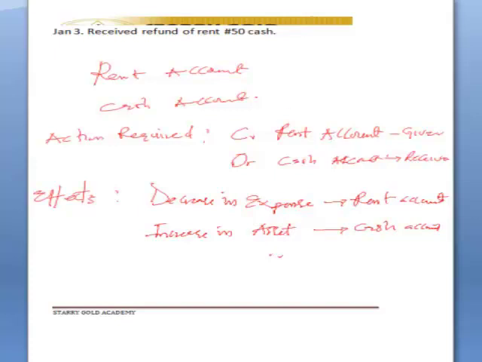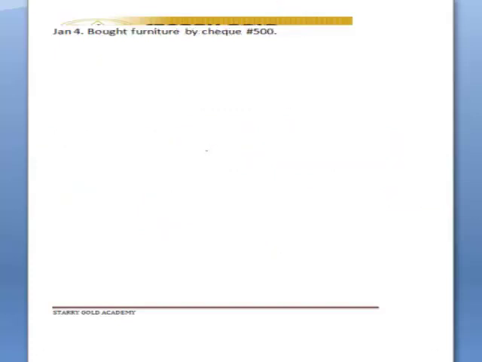The next is January 4th, bought furniture by check. The two accounts involved here are the furniture account, which is an asset, a non-current asset, and the bank account. What is the required action?